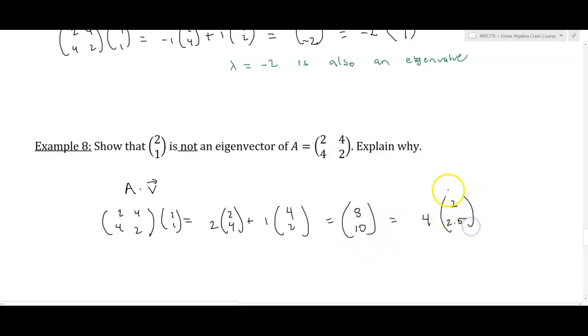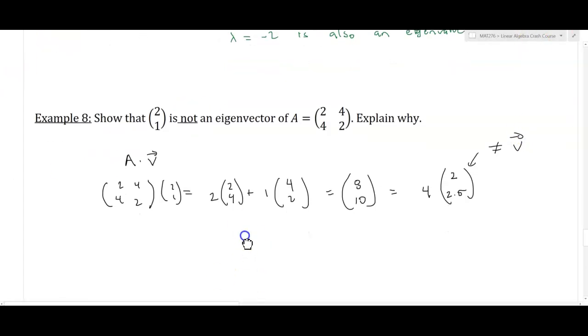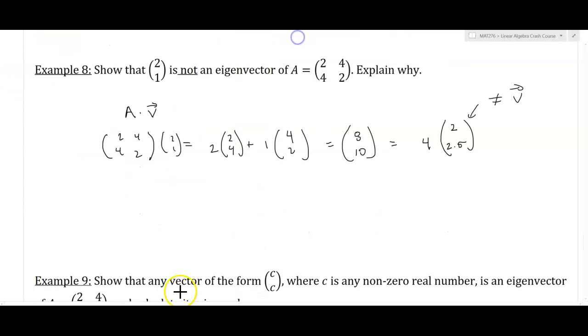And that is clearly not equal to the original vector. So we can also make the argument that if we were to plot these two vectors, we would observe they do not lie along the same line. There's a rotation and a scale that took place.